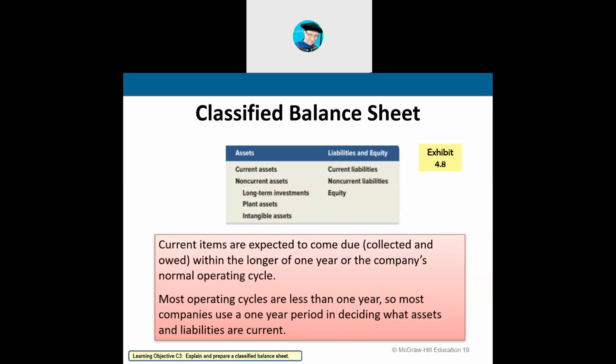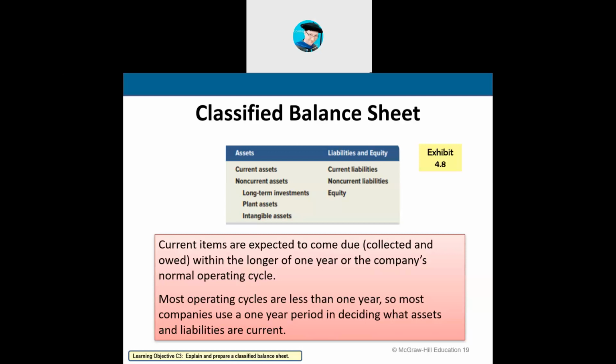Liabilities: we have current liabilities and long-term liabilities. Current liabilities include things like accounts payable, wages payable, and other payables, right? They're due within 12 months or less. Long-term liabilities would include things like notes payable, a mortgage, a student loan, anything greater than 1 year, which is non-current liabilities.